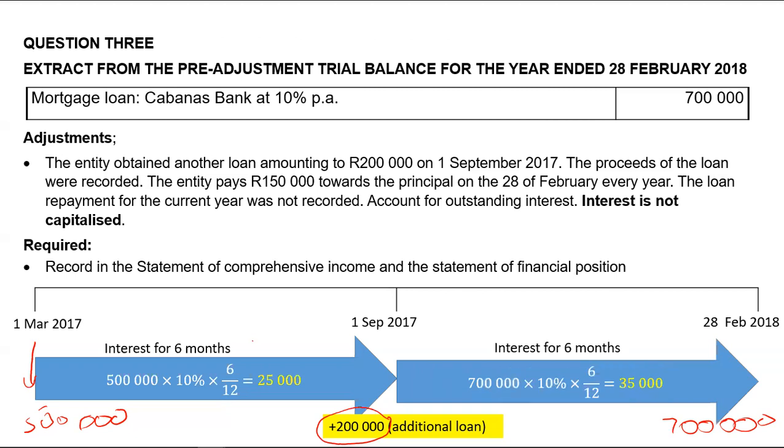So it was 25,000 plus 35,000. When you add it, it'll give you 60,000. Okay. Now, here is the difference between capitalized and non-capitalized. You'll realize that when you go to your statement of profit or loss, your interest paid is only 25,000.